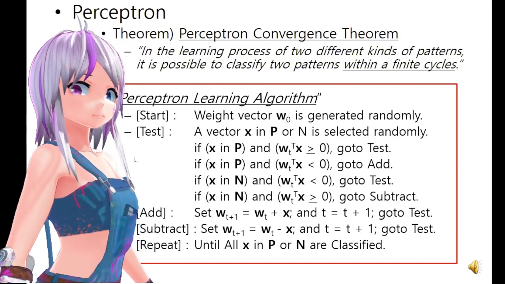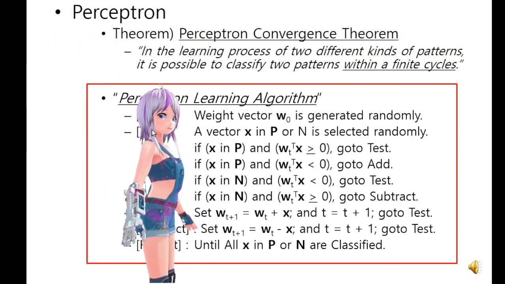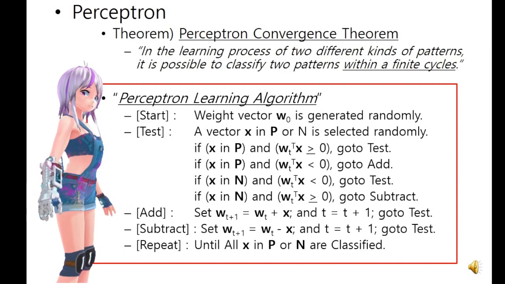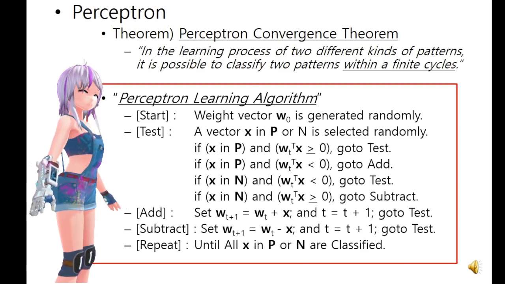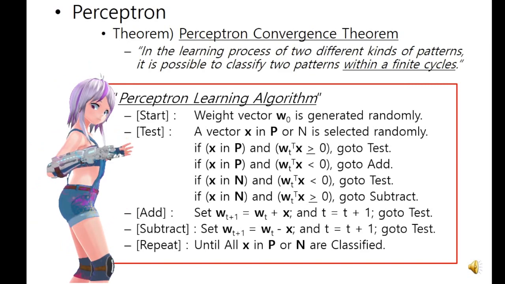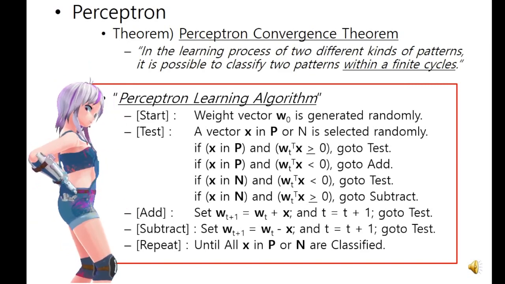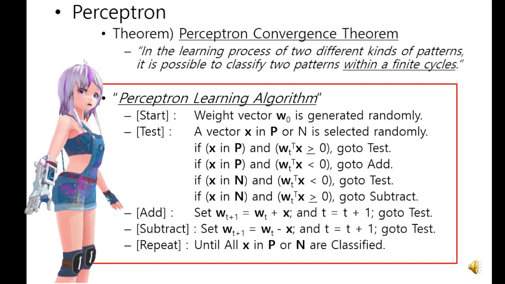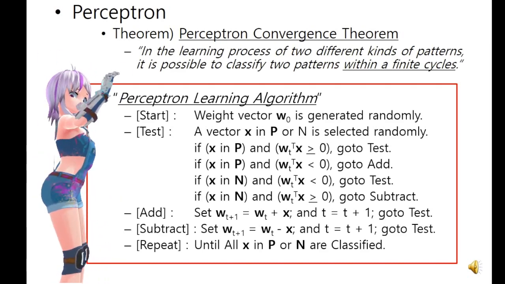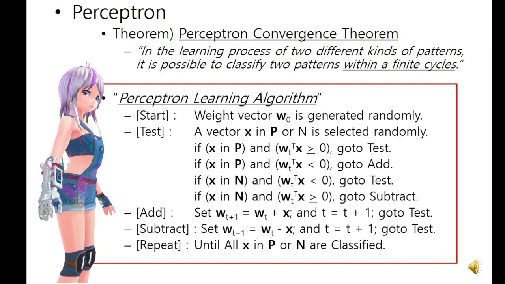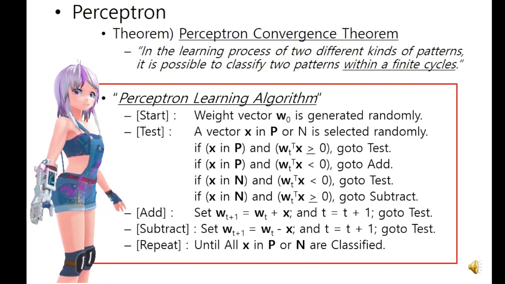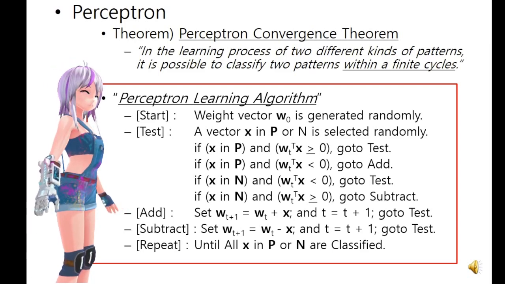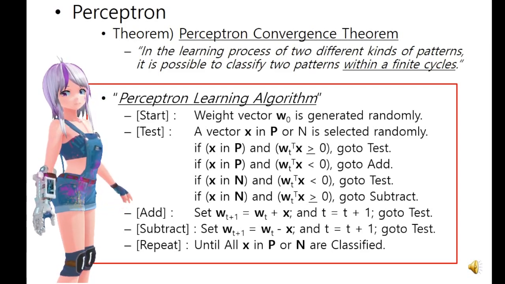Test: we have a vector x, boldface x, in the positive set P or negative set N. Vector x is selected randomly, and this is our training vector. In the learning process, we have this input vector x, which is usually our training vector.